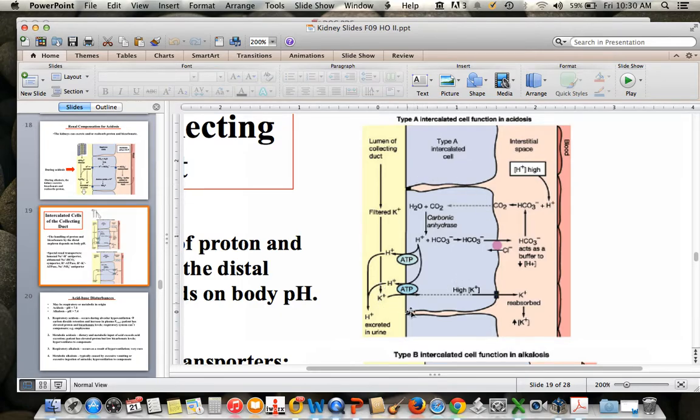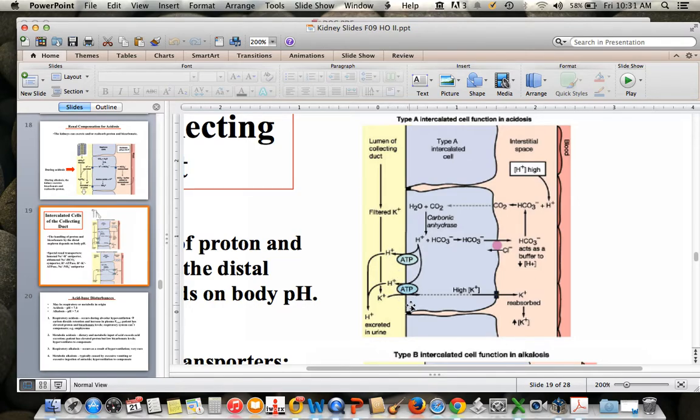And then what we want to think about as we're looking at this diagram is that we have carbonic anhydrase stacked up inside of these cells. And this helps us take the CO2 and the water and convert it into protons. And the protons then can be pumped out. So the CO2 is coming from the blood, for example, and diffuses across and is then excreted out through these proton pumps that we have in the type A cells.